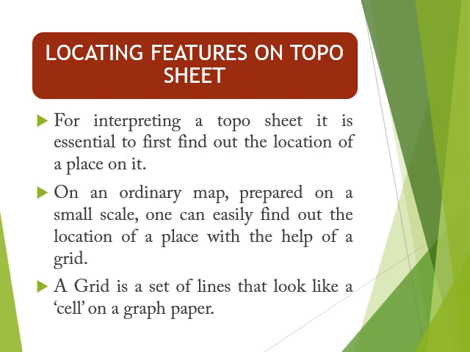For example, the temple in the above figure has the four-figure grid reference 3211. You can see on page number 11 in the given map, towards the eastings and northings, where the temple is.